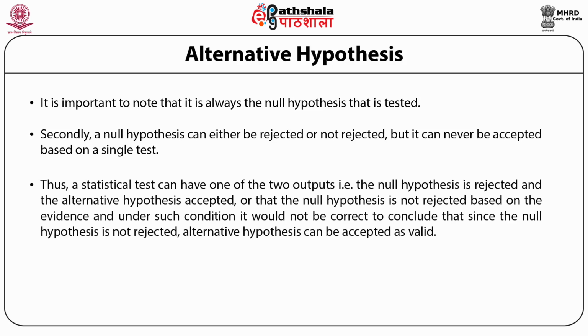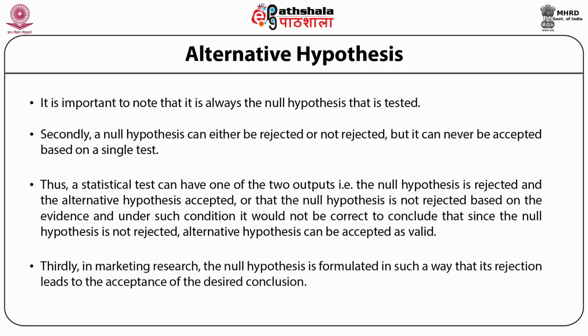Thus, a statistical test can have one of two outputs, that is, the null hypothesis is rejected and the alternative hypothesis is accepted, or the null hypothesis is not rejected based on the evidence, and under such condition it would not be correct to conclude that since the null hypothesis is not rejected, the alternative hypothesis can be accepted as valid.